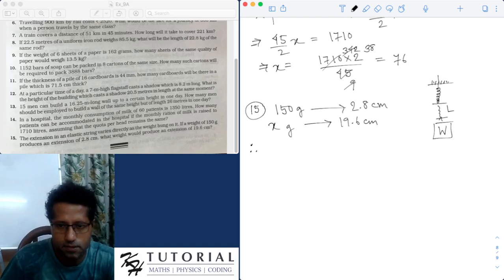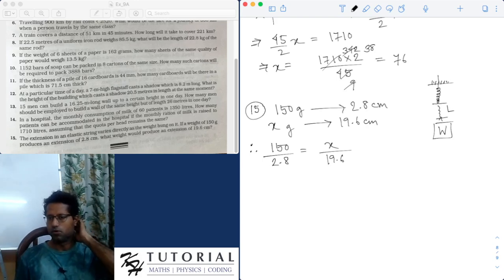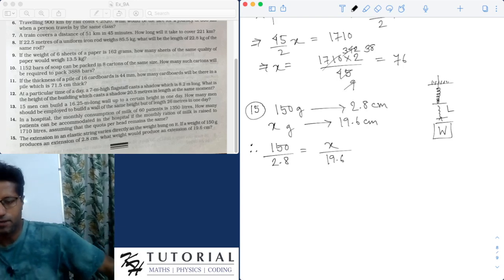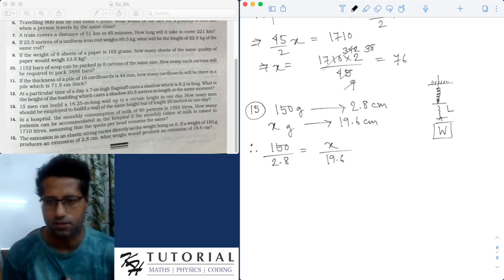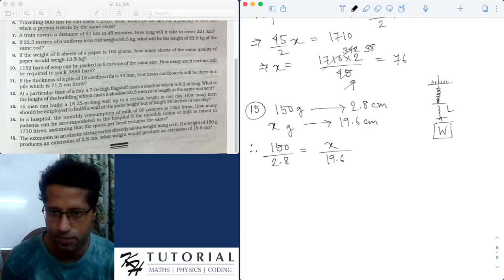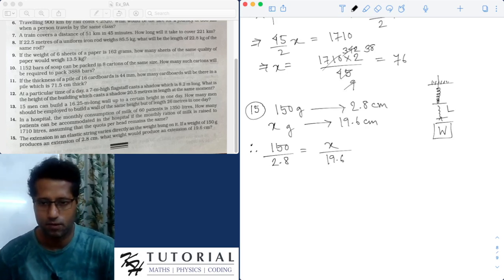So therefore we can say that 150 divided by 2.8 equals X by 19.6, where we know that W by L will be constant. Since W and L vary directly, that is, they are in direct proportion or variation, W by L will be constant. So in the first case, W by L is 150 by 2.8, and in the second case, W by L is X by 19.6, and they are equal.